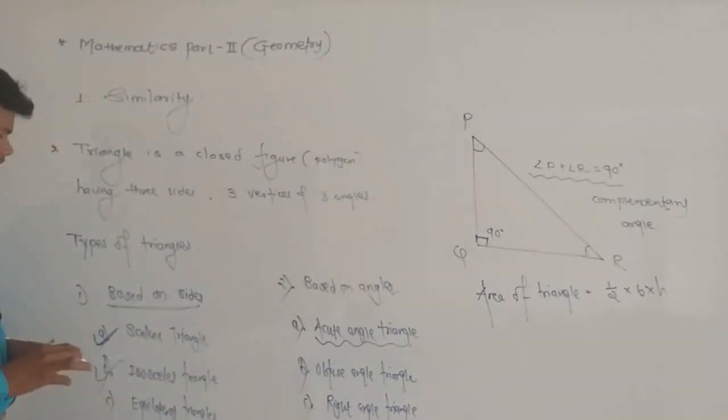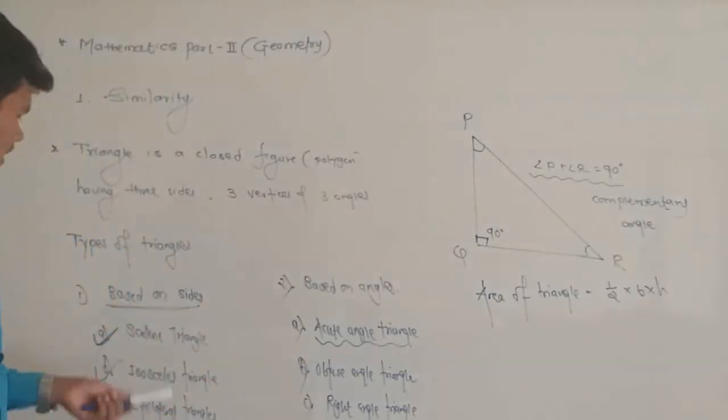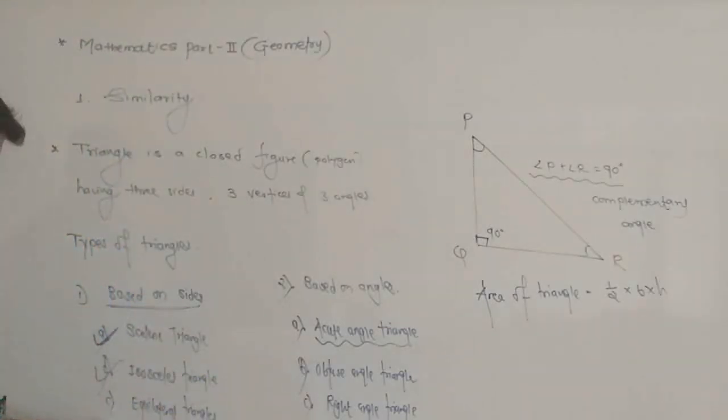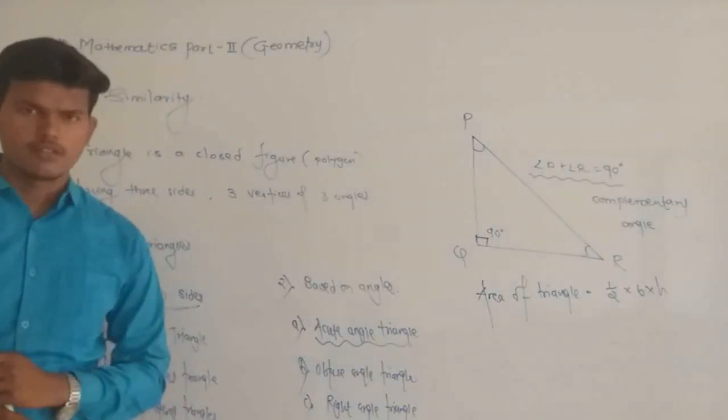But how to find the area of a right angle, obtuse angle, acute angle, scalene, isosceles, or equilateral triangle? For all these triangles, the area is 1/2 into base into height.